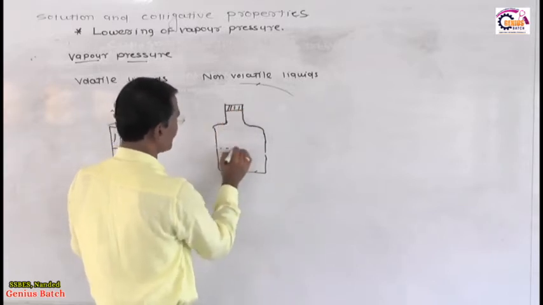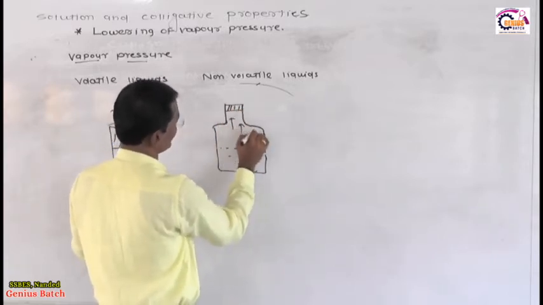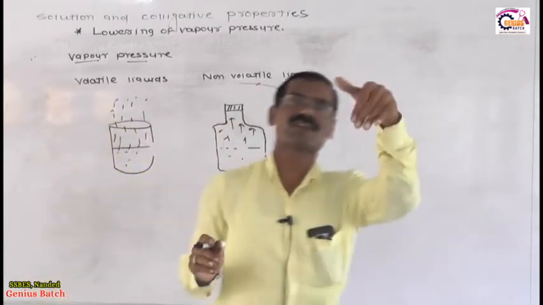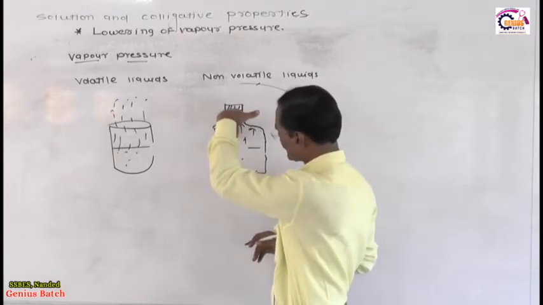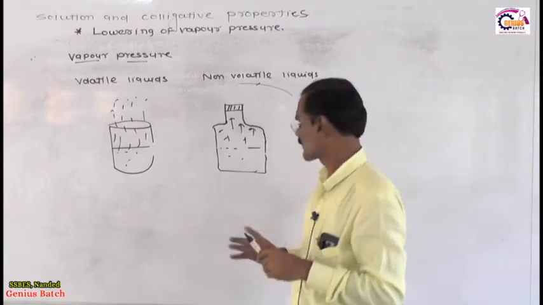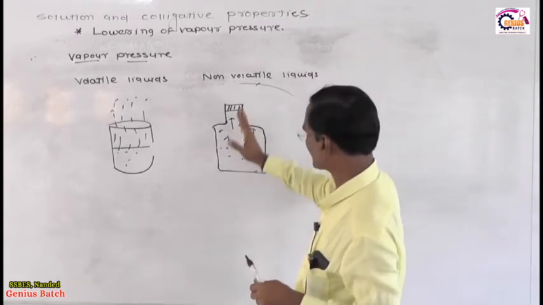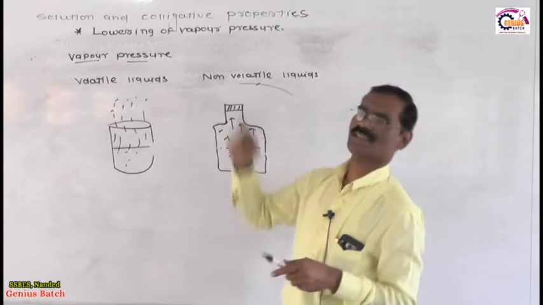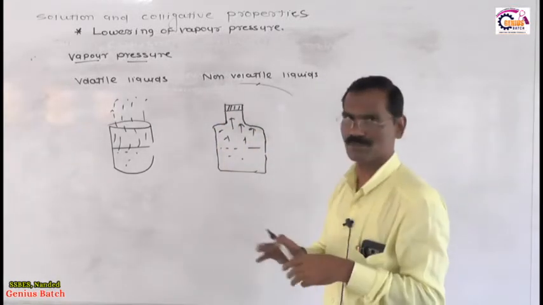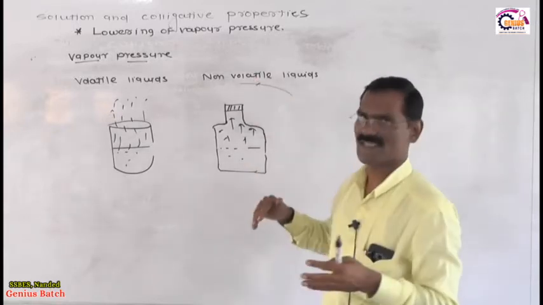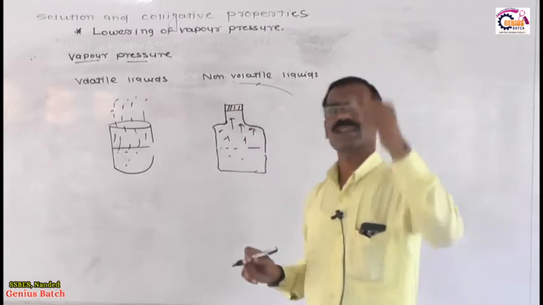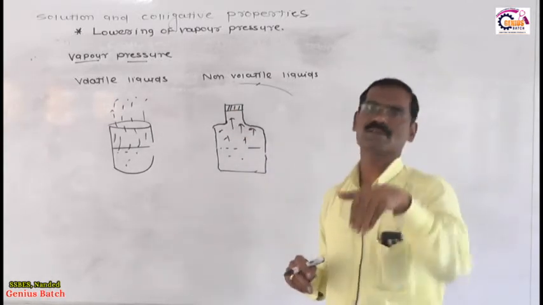Then what happens? When the concentration of vapor increases, another phenomenon will start, which is called condensation, because some of the vapor starts to condense and becomes liquid again. What is happening here is that when the concentration of vapors increases, the vapors cannot go outside; they never enter the atmosphere. So when the concentration of vapors increases inside the jar, some vapor starts to condense, and condensation takes place.